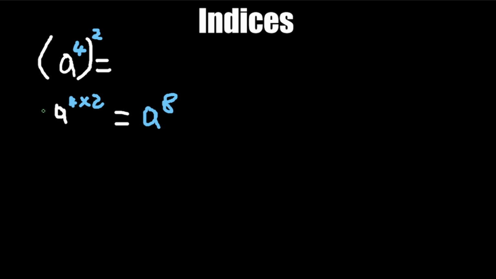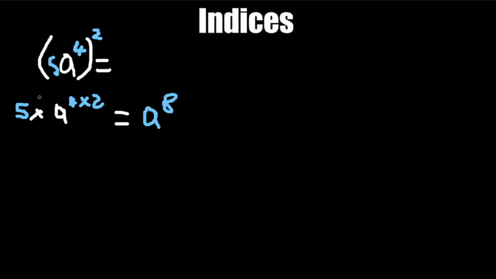But once again, what if we have a coefficient? Let's say that we have a coefficient of 5 right here. A really common mistake that I'm sure many of you may be guilty of is that you just leave the coefficient alone. But we are applying the power to everything inside the brackets. So let's imagine this 5a as instead 5 times a. So you see how we had to put this power up here for a to the 4th?